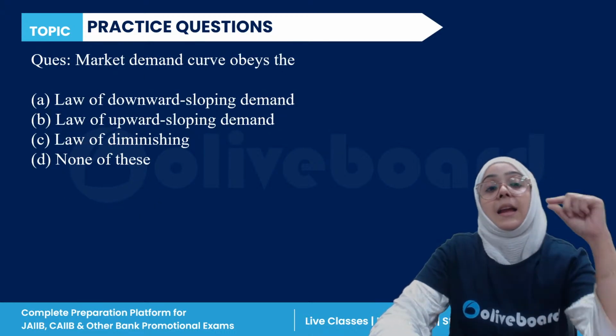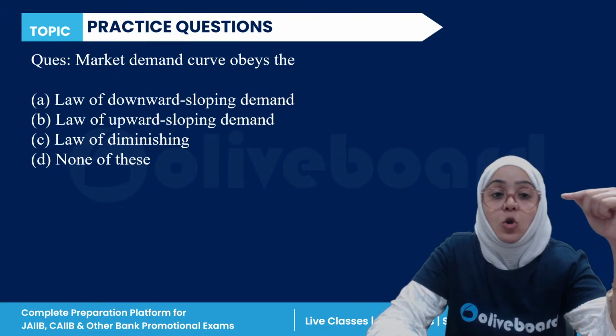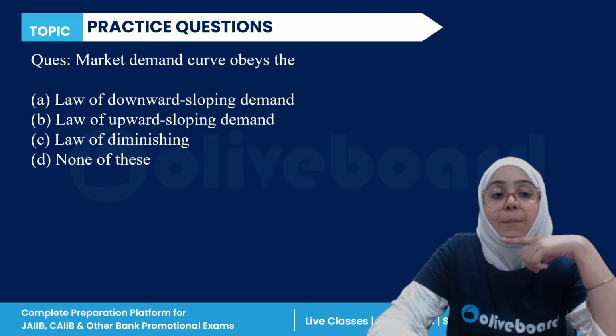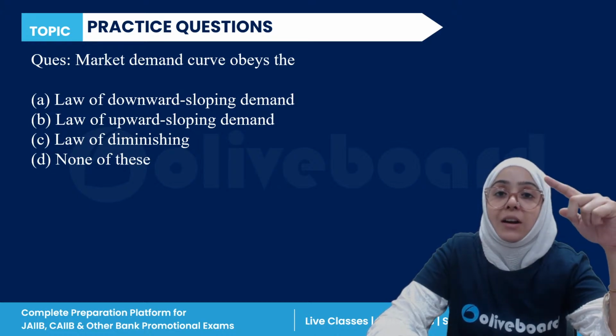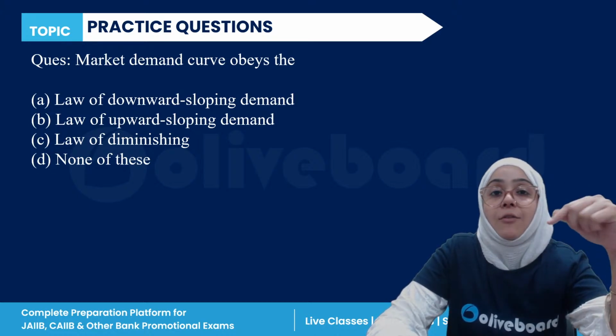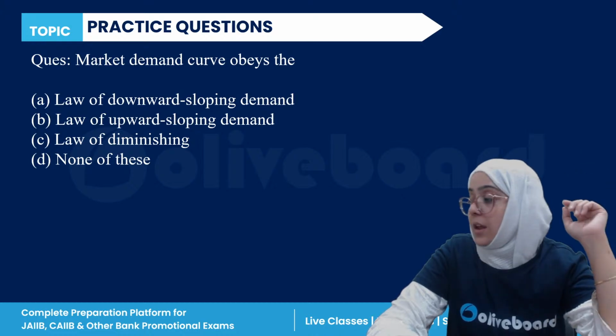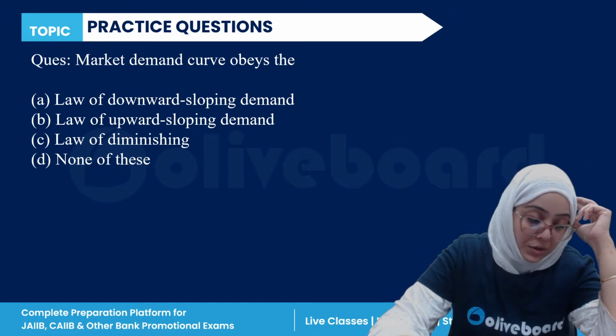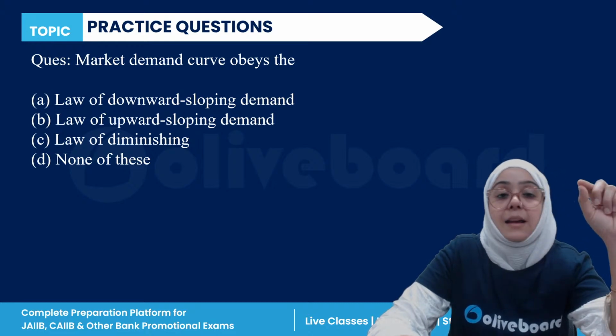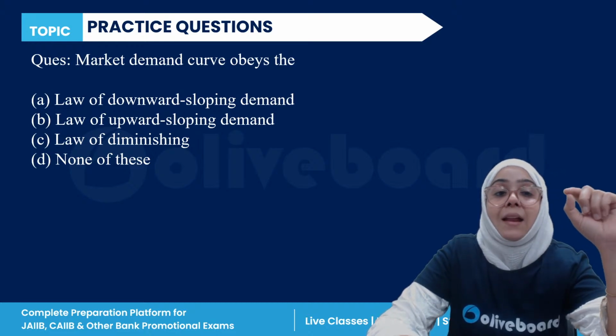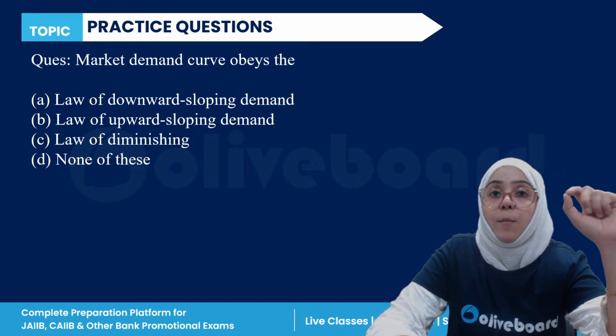Next, the market demand curve obeys the law of downward sloping demand, law of upward sloping demand, law of diminishing, or none of the above. Everyone, please answer this question. Very easy.